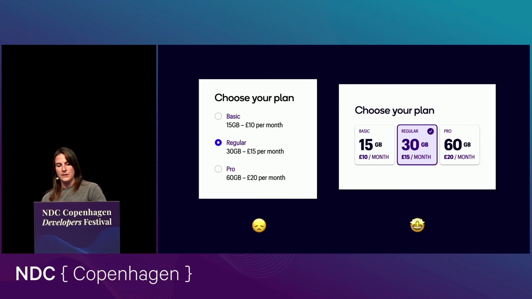So let's make the amount of data per plan the largest differentiator. Let's reduce some of the other elements and make that the kind of largest one. Second in that kind of hierarchy is the price. So we've put that in bold, but we don't want to highlight it too much. Well, the client doesn't anyway. That's what they told me.